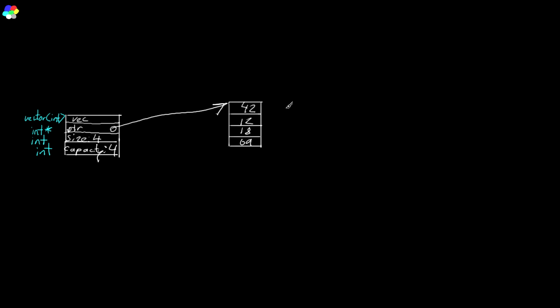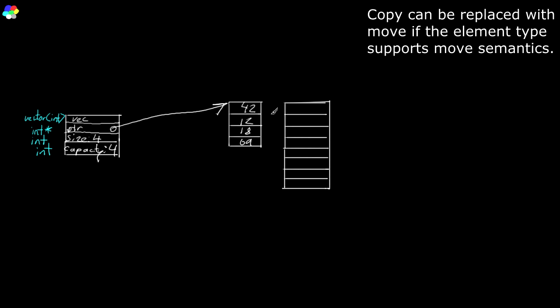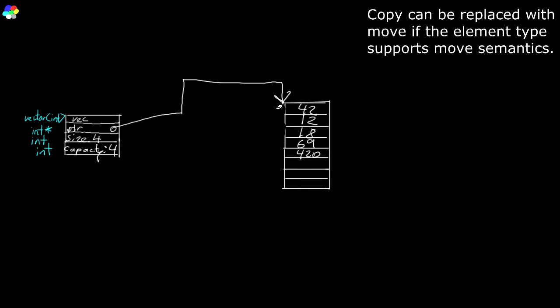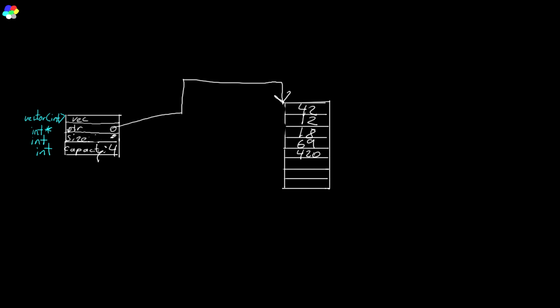So it is going to allocate a new memory block, but instead of allocating just the amount required, it is going to allocate a bunch of extra. You can see here it's doubled the size. Then it's going to do the deep copy. It's going to put the new element at the end here, retarget the pointer, and destroy the old memory. Now we want to update our values in here. Size is going to be 5, but capacity is going to be 8.